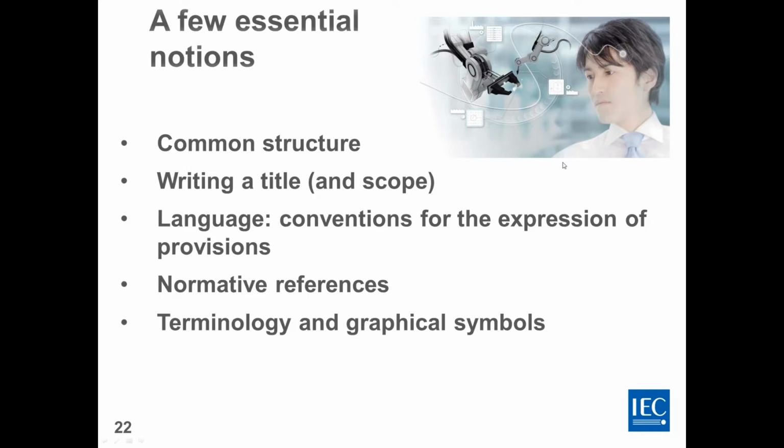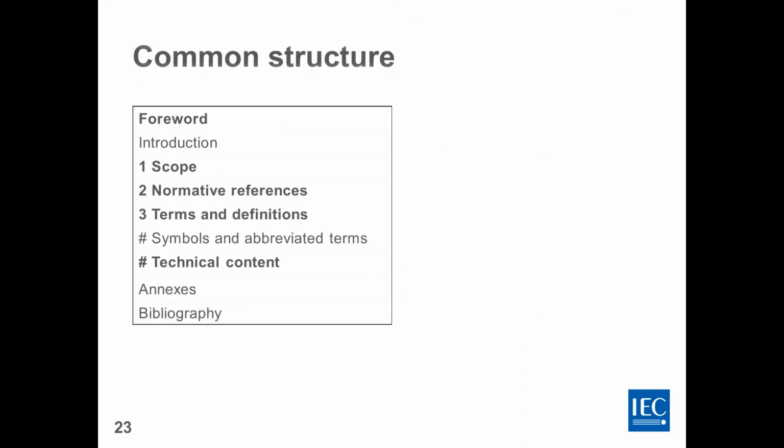Secondly, if we look at the title and the scope of a standard, this can seem trivial because, again, it's not necessarily a highly technical aspect of writing a standard, but it is important because the title and the scope of a standard provide a concise description and delimitation of the subject matter that it contains.